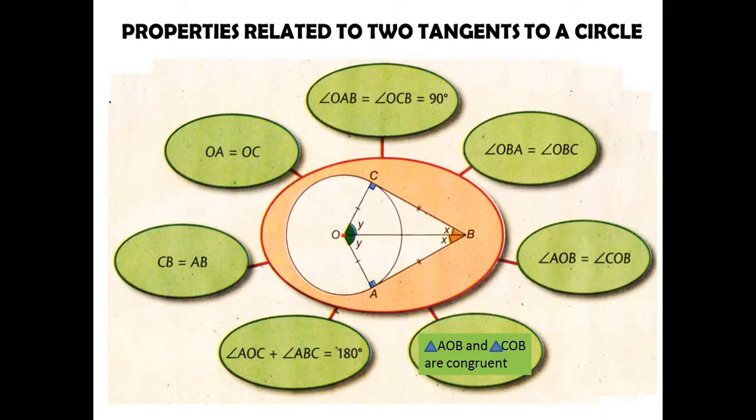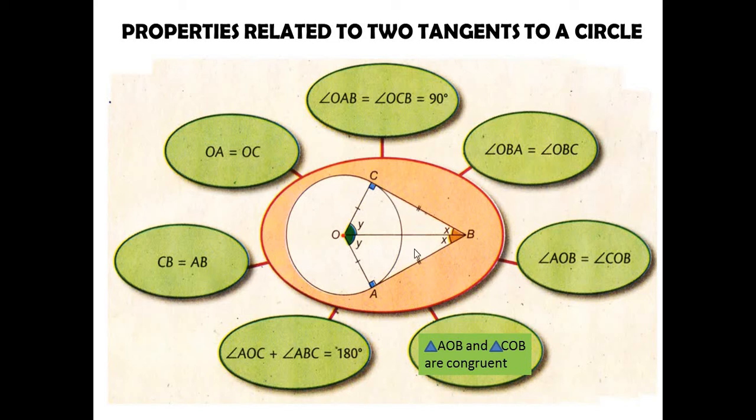Okay, now we're going to go through the properties related to two tangents to a circle. Please remember all this, right? These are the two tangents, AB and BC. There are two tangents, right? The first one, CB equals AB.